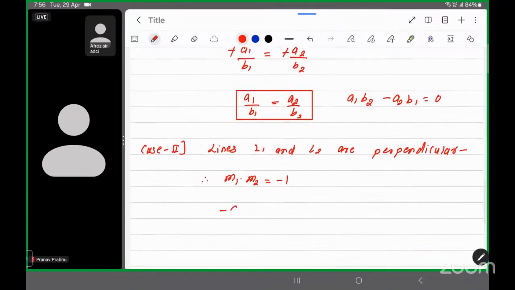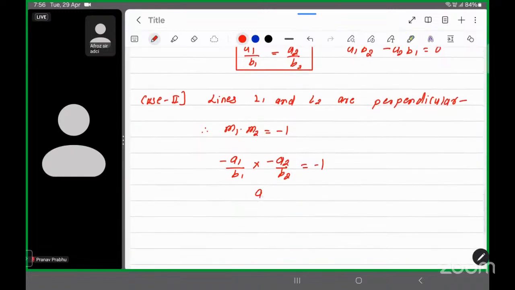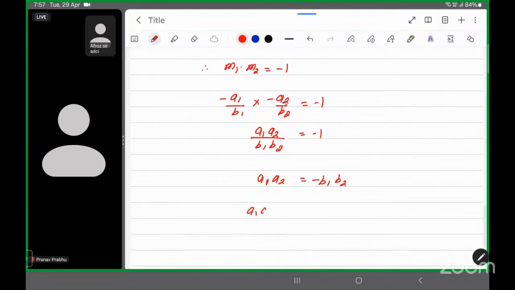Now m1 has value minus a1 upon b1 and m2 has value minus a2 upon b2, and the product equals minus 1. From that, I get a1 a2 upon b1 b2 equals minus 1. After rearranging the terms, I get a1 a2 equals minus b1 b2, which implies a1 a2 plus b1 b2 equals 0.